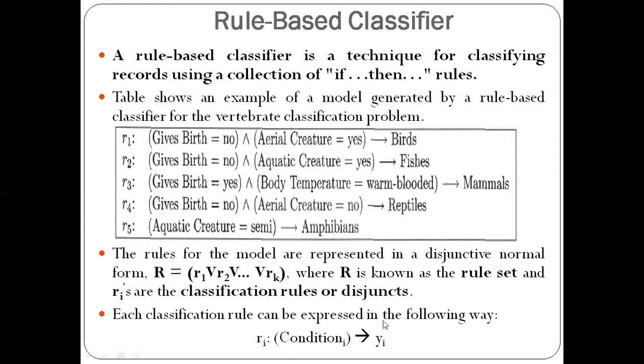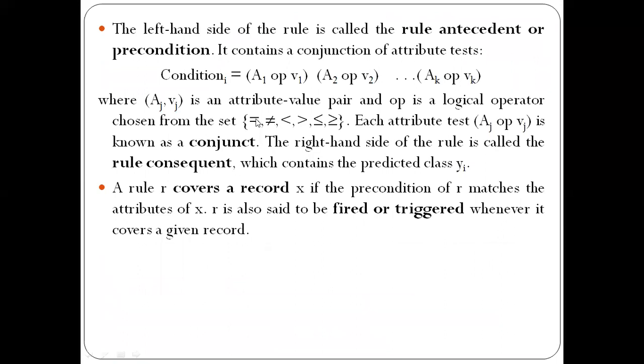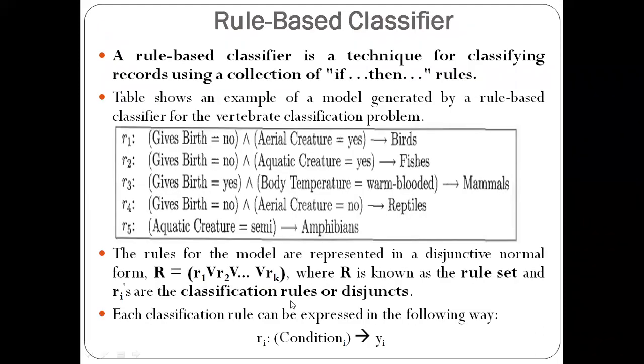And then yi is called the rule consequent. The rule consequent contains a class label. For example, for the first rule, the rule consequent is birds. So birds is the class label that will be assigned to the record. So this LHS part, that is the condition, is called the rule antecedent.